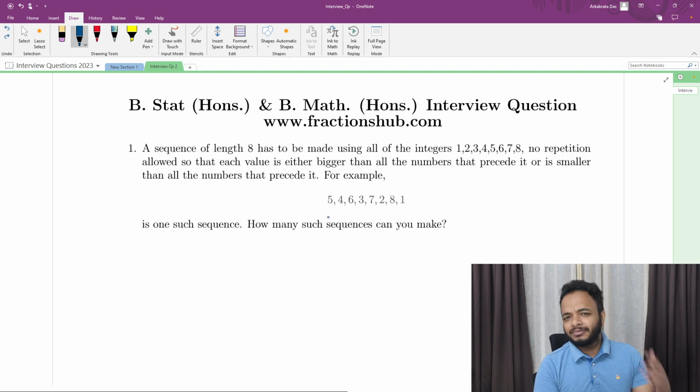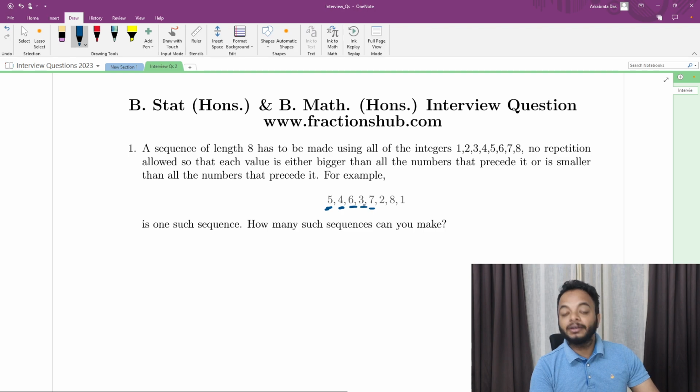Now look at here, whichever is the first number, it's trivially true because there is no number before it. Whichever is the second integer, for example 4, 5 is bigger than 4. Coming to 6, which is in the 3rd place, 5 as well as 4 are smaller than 6. Coming to the 4th place, which is 3, 5 4 6 are all greater than 3. Same for the 5th place, which is 7.